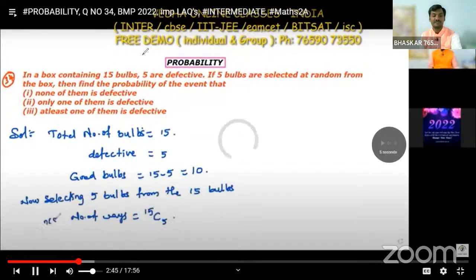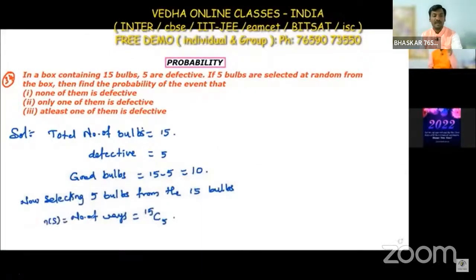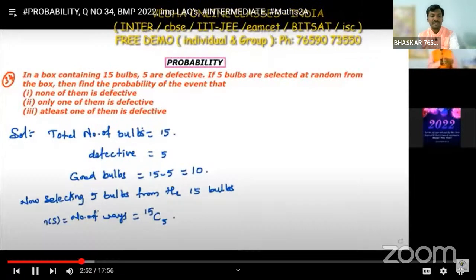After finding the non-defective bulbs, what is he asking? N of S, total number of ways. So now we have to select 5 bulbs from 15 bulbs, like the sample space. How many ways are there? The total number of ways for selecting 5 bulbs from 15 bulbs is 15C5.